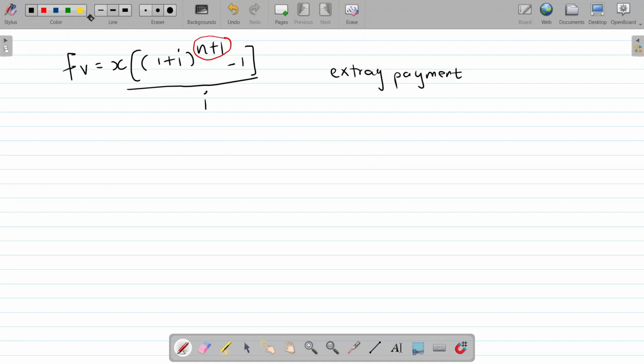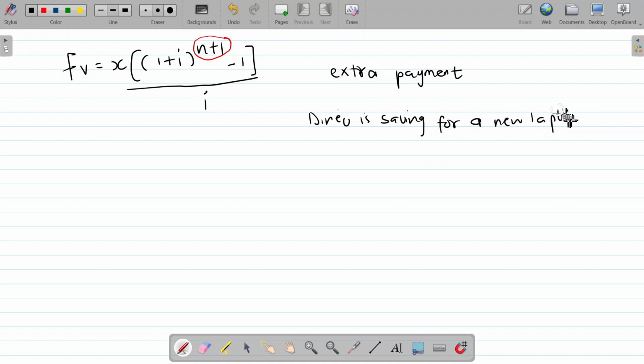Write it well: extra payment. So what type of scenario is this? It is the scenario where, for instance, Dinero is saving for a new laptop.